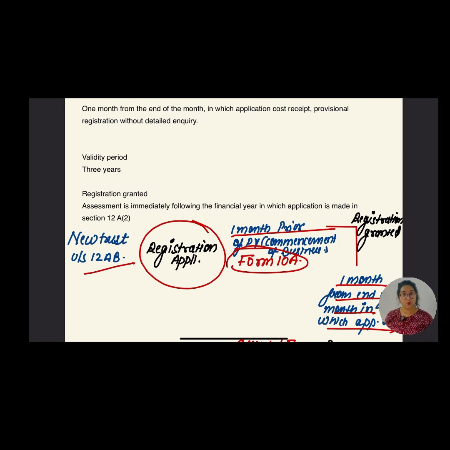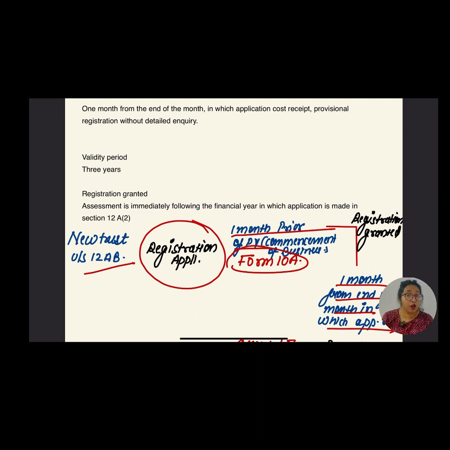Within 1 month, actually it is talking about prior. For example, I have decided to go for a trust. I have some social purpose. So within which time period do I have to give the application to the principal commissioner?